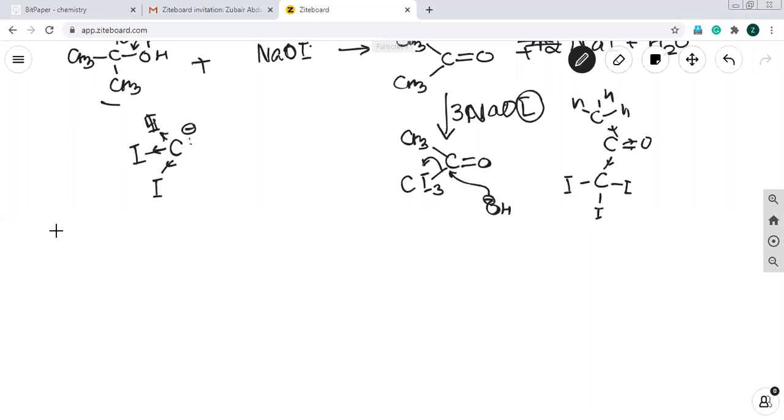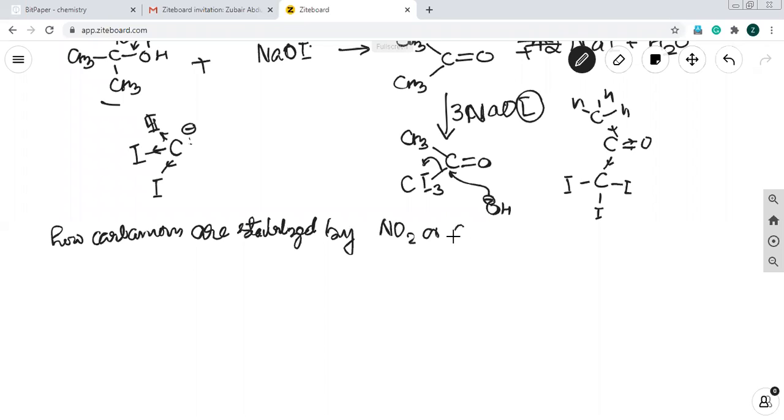See, in the exam, I asked you a question about how carbanions are stabilized by the presence of NO2 or CN group. Remember, NO2 and CN groups are electron withdrawing.